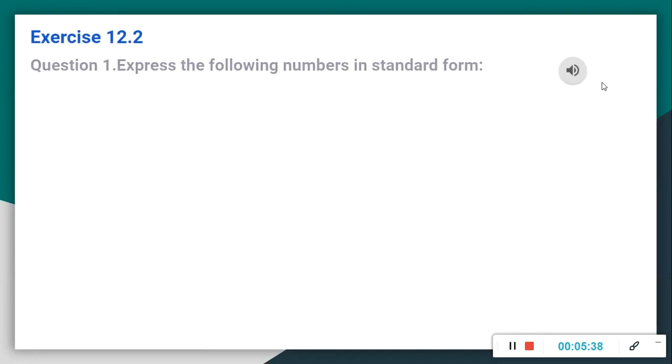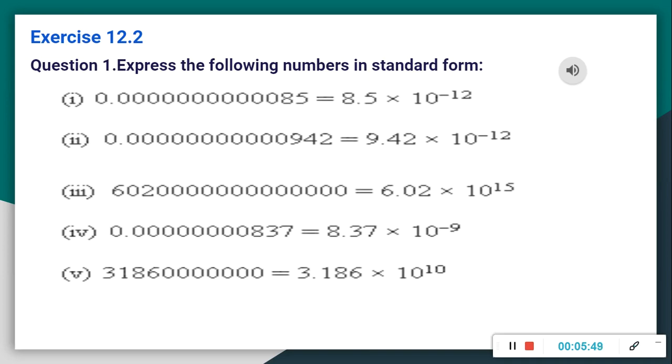Now let's see question number 1 of exercise 12.2. Express the following numbers in standard form. First one: here you can see that in the question the decimal point is at the start. That means it is a very small number, so the power should be negative, right?